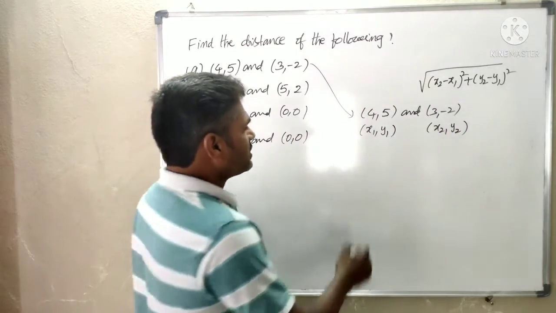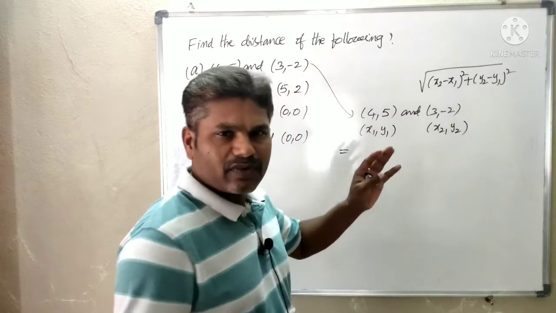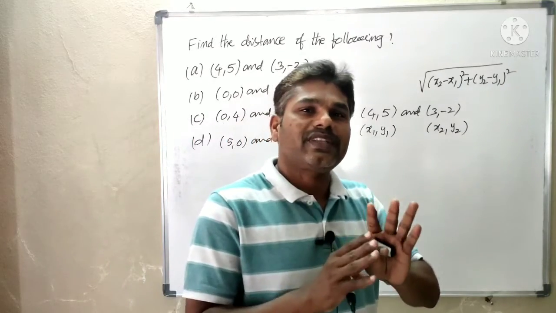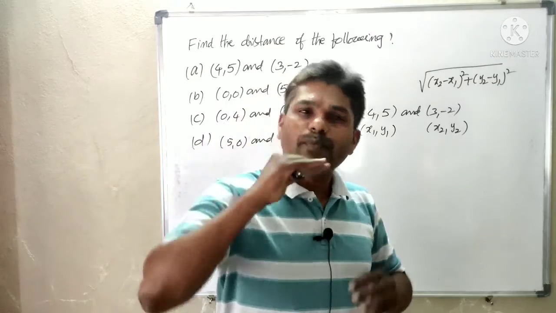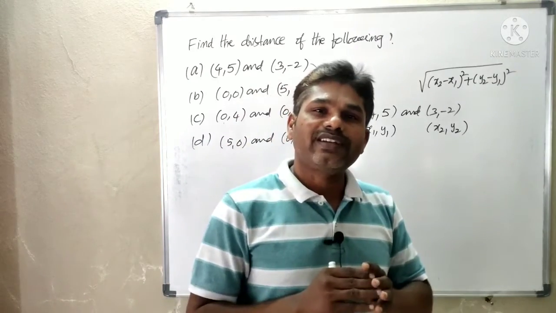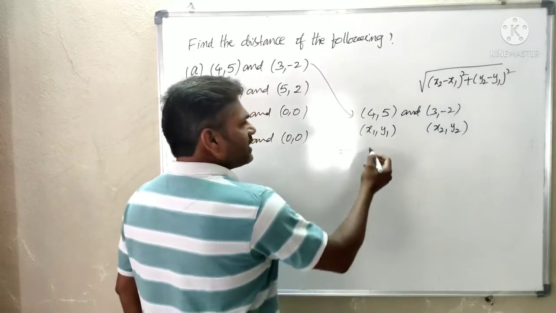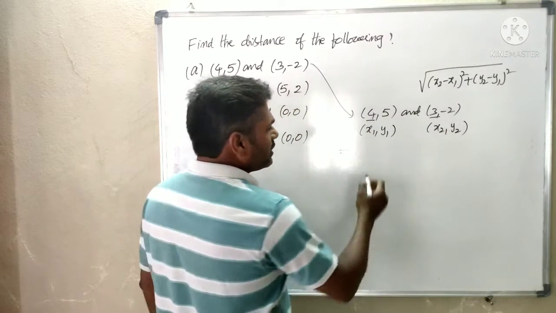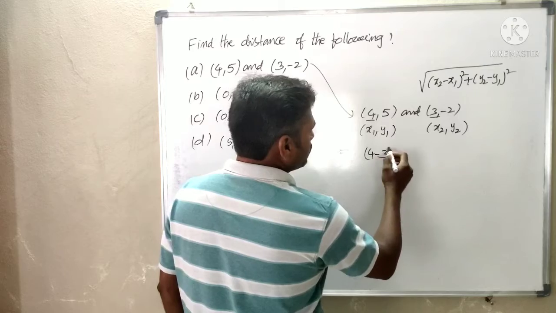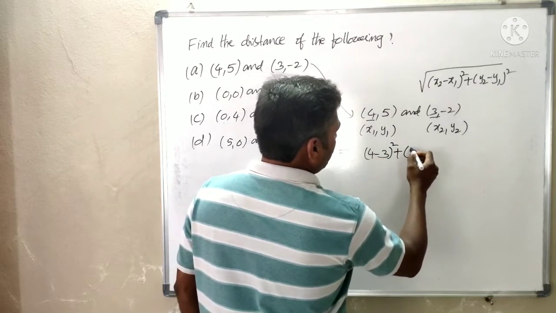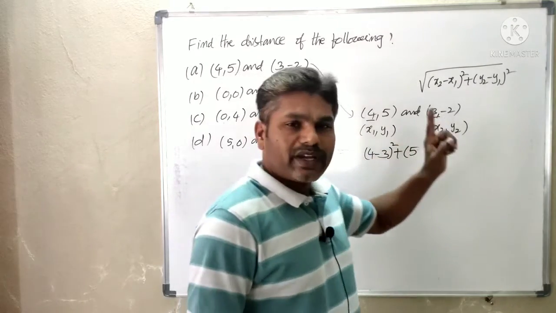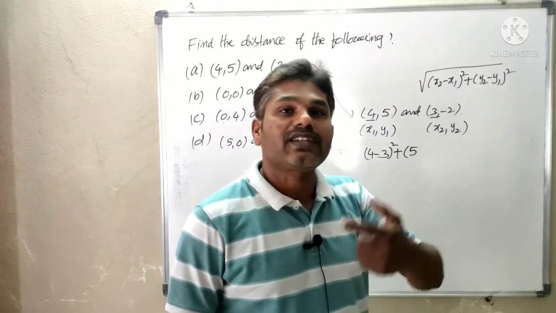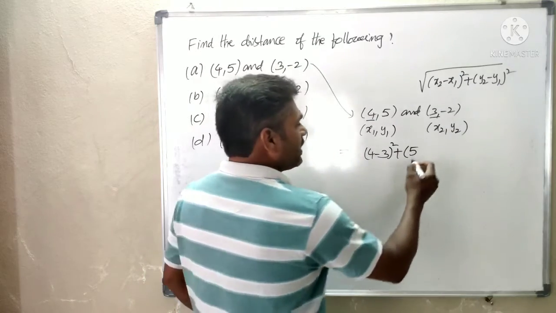If you substitute these values, just find the difference of the x coordinates square plus the difference of the y coordinates square. See, here the x coordinate is 4 and here the x coordinate is 3. So (4 minus 3) whole square plus (5 minus of minus 2). Be careful here, minus of minus 2 will become plus 2, my dear students.